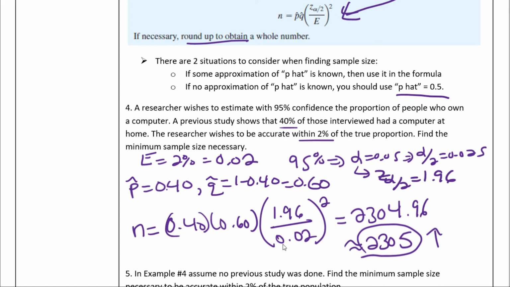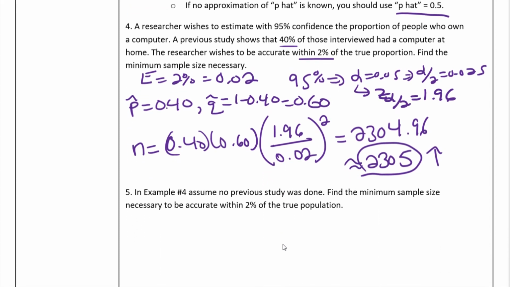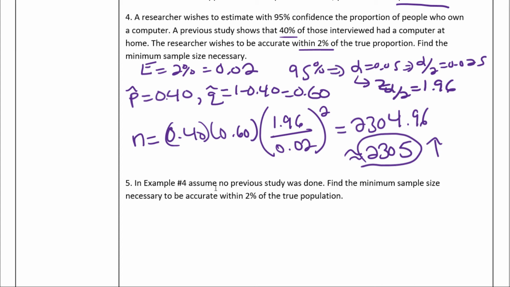Now let's switch to the same example, but this time there's no previous study done, so we have no idea what p hat is. So p hat is unknown for this problem, which means that we're going to say p hat is approximately 0.5, which means q hat is approximately 0.5, and we're going to plug in everything else the same.